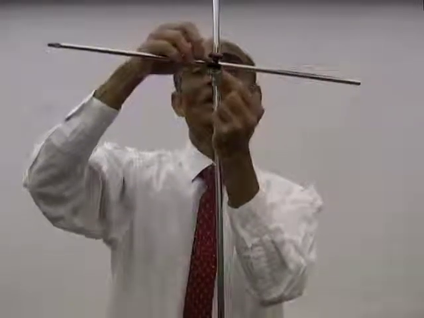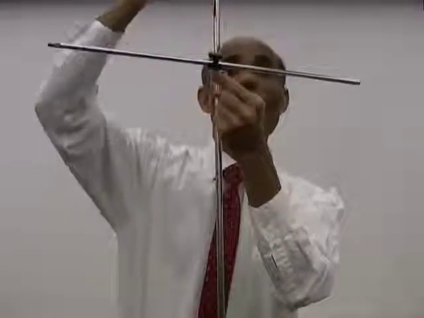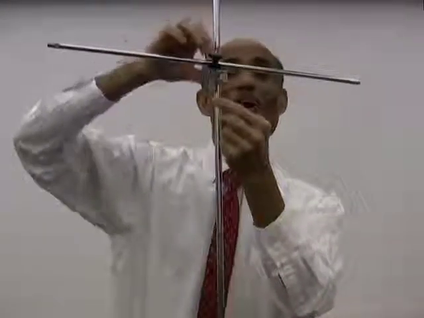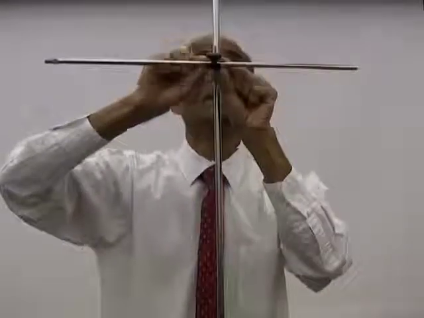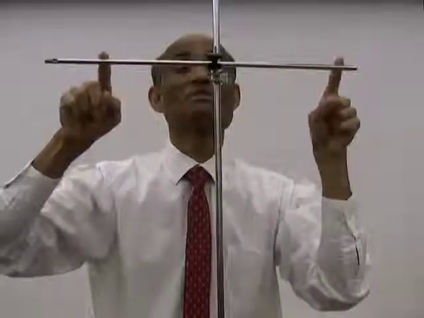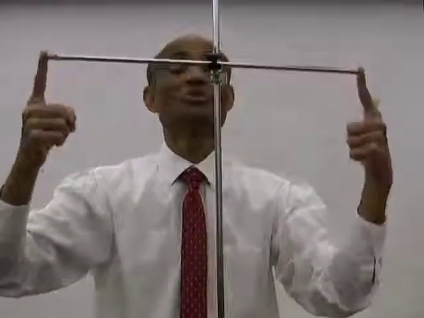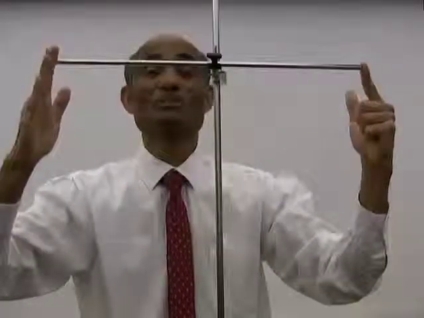And finally, if those two forces act at the same point, one force up and the other force down, will they produce any rotation on the object? No. So the rotation effect is maximum when the two forces are separated by a large distance.